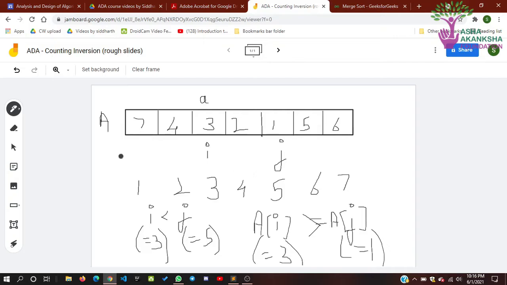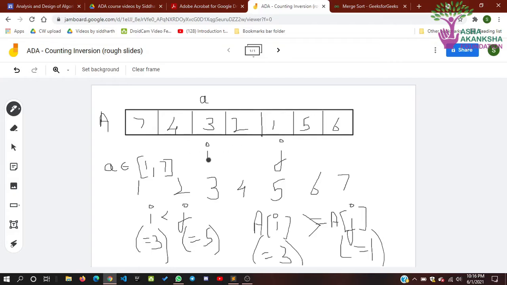The a will traverse the array in the index range of 1 to 7, going from lower value to higher value.